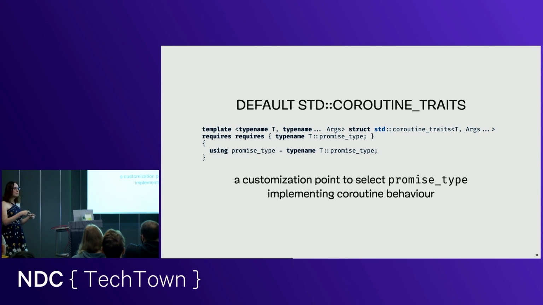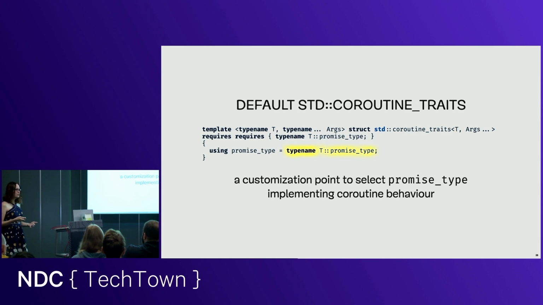And if your return type contains a subtype, promise_type, it will use that type. So you have typename T and arguments which are ignored, and it will take the promise type from your return type and return the promise type to the compiler. But you can specialize these coroutine traits for your purposes.